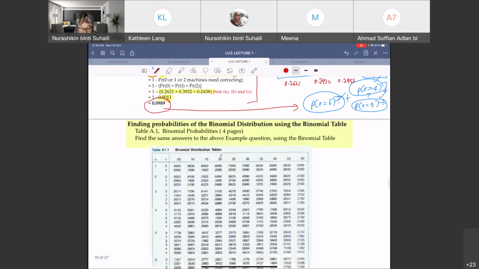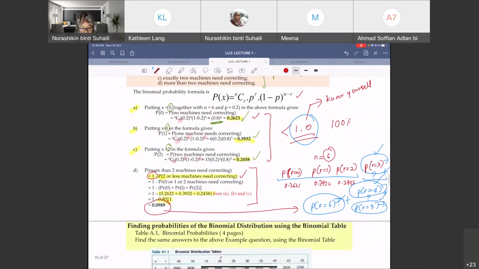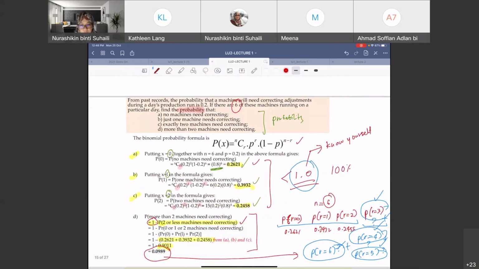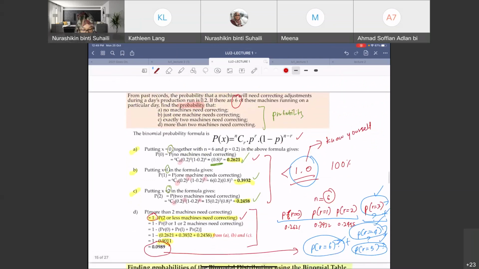But of course, in order to understand, you have to know the basics, which started with this formula. So an alternative, if you don't want to use the formula, you can use what we call the binomial distribution table. The information given here includes N, R, and also P. So these are all the parameters that we identified from the formula just now, right? So let's say in this case, we don't want to use this formula. We want to solve the first question.